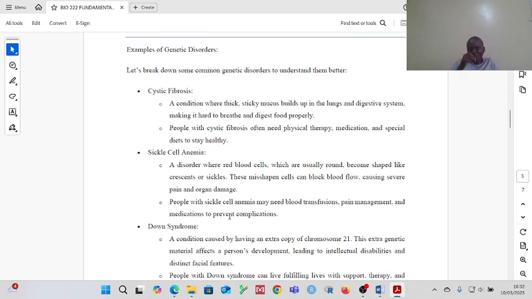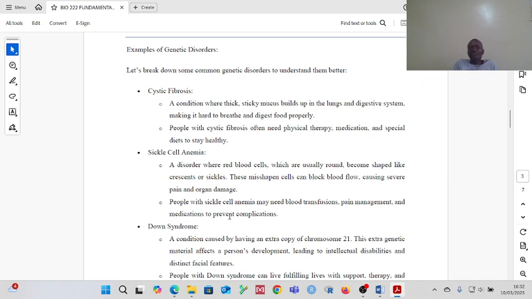The examples that we've given for genetic disorders, one is cystic fibrosis. This is a condition where there is sticky mucus building up in the lungs and in the digestive system. When you have thick mucus within the lungs, it makes it difficult to breathe.